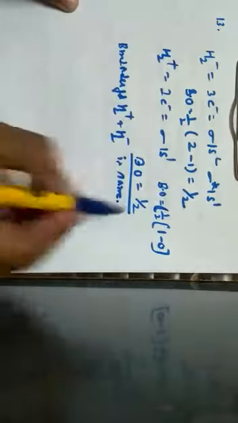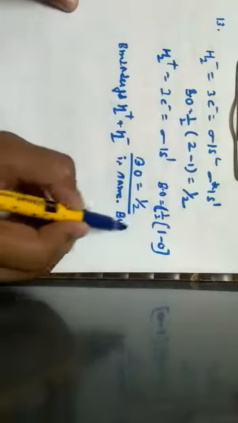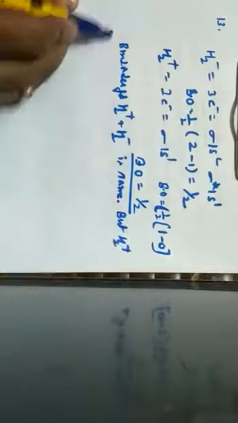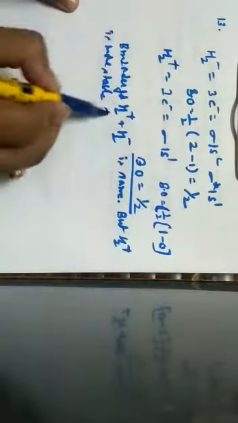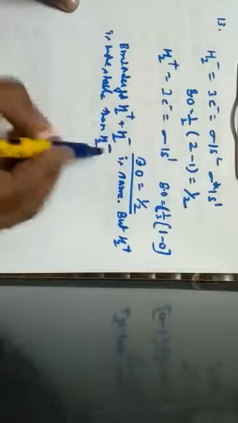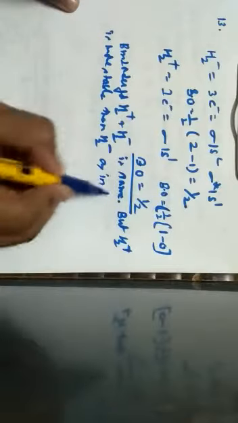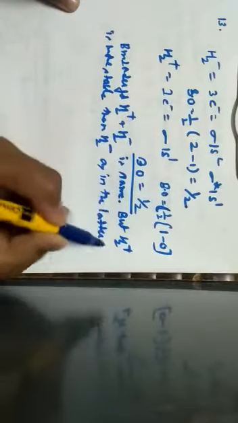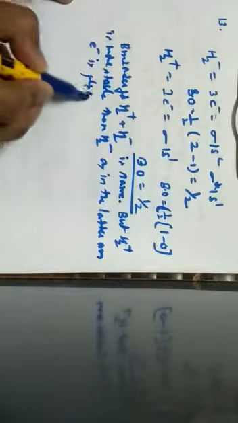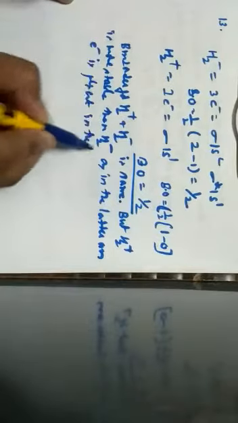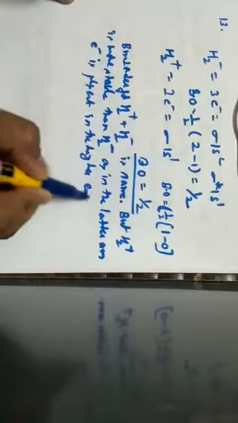Even though the bond order is the same, H2 plus is more stable. H2 plus is more stable than H2 minus, as in the latter an electron is present in the higher energy.